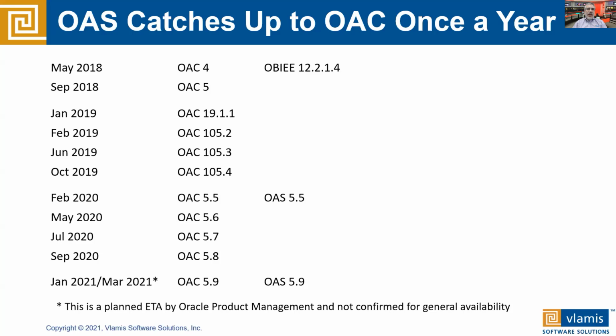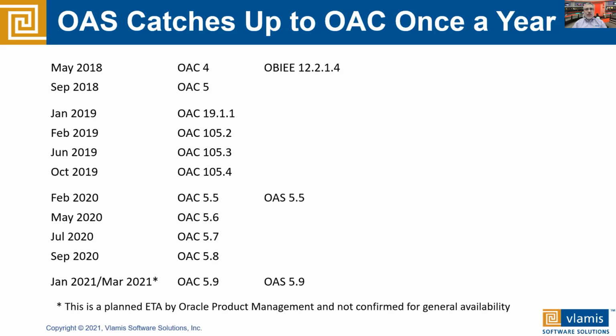It's all one code path that Oracle does, and then this was the first release of Oracle Analytics Server, about a year ago. And that's when it collected all of the new features that happened in OAC since the last release of the on-prem product, and called that OAS 5.5.